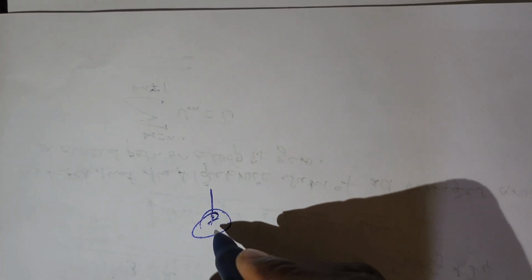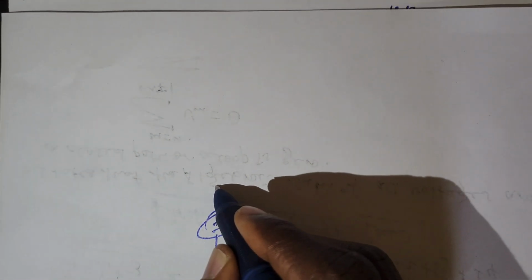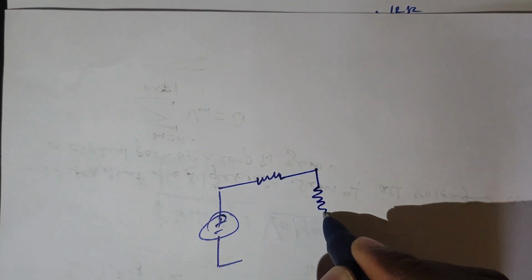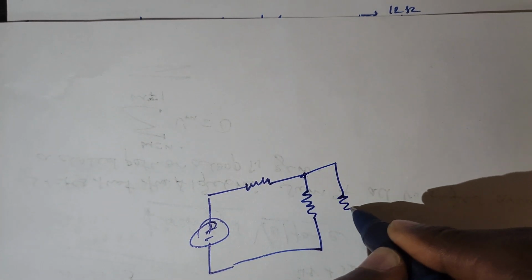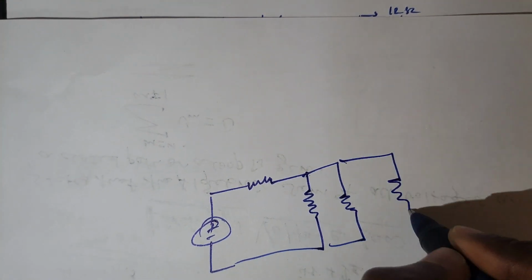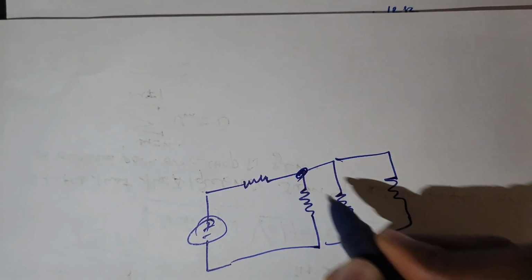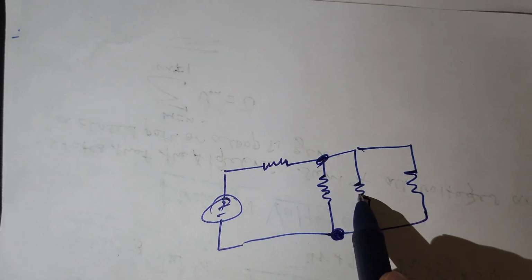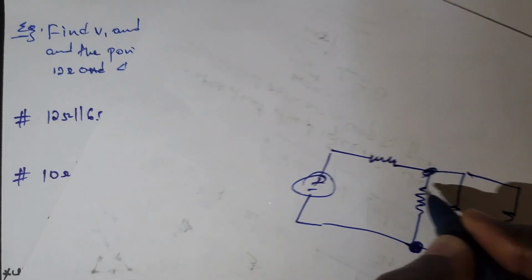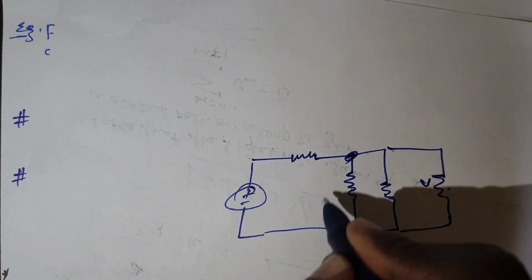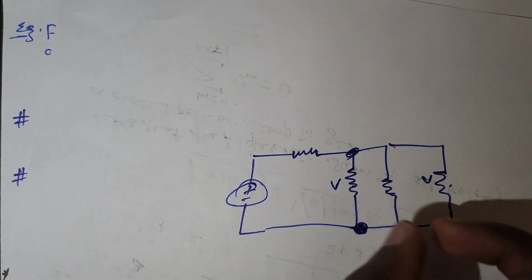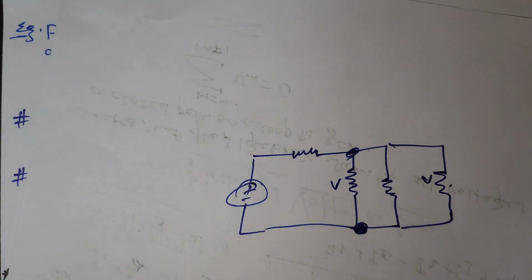For example, if you have some source right here and multiple resistors like this, the voltage across this is always the same, whether it is reduced or not. So the amount of voltage right here is equal to the amount of voltage right here, before it is reduced or after it is reduced.